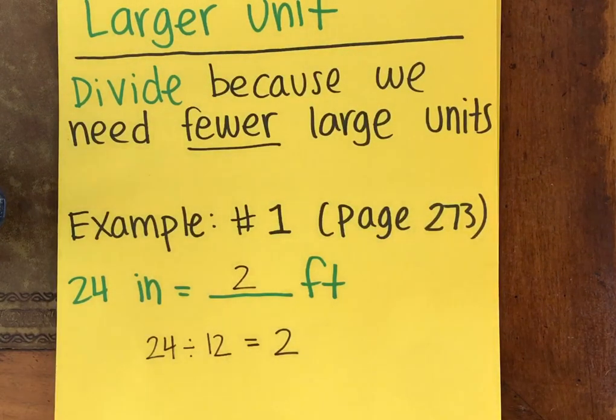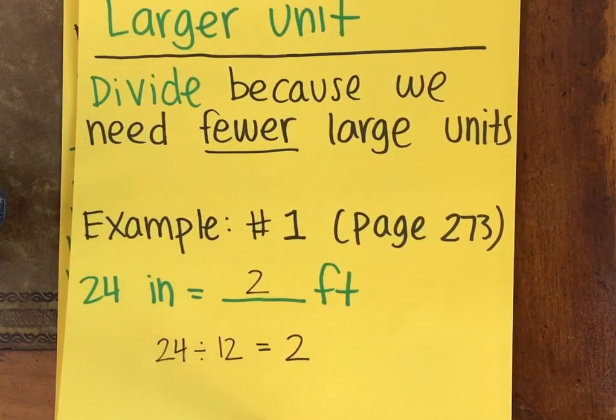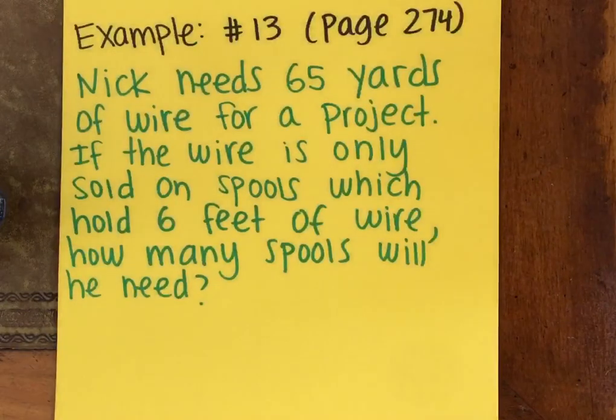All right, so now we know some basics between converting, but let's see how we can use these instructions for converting to solve a real-world problem where we need to move amongst customary units of length. This is an example of a multi-step word problem. It is problem number 13 on page 274.